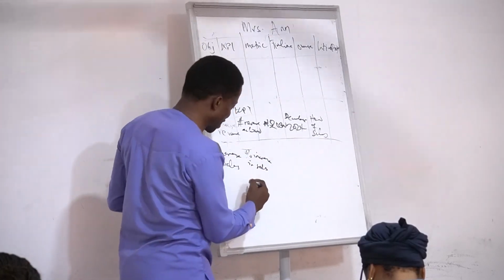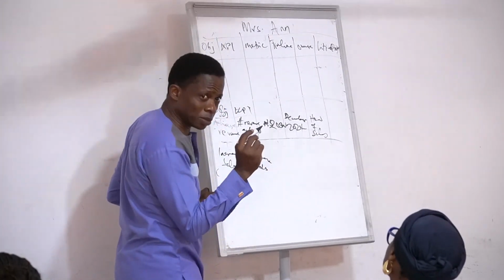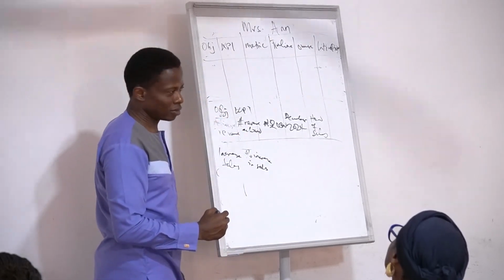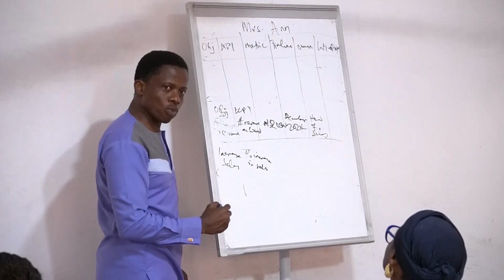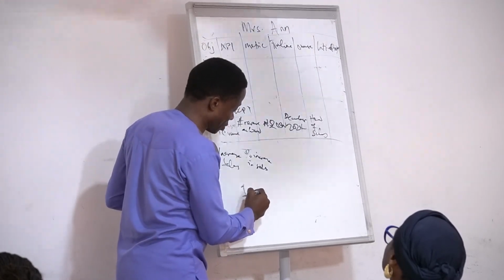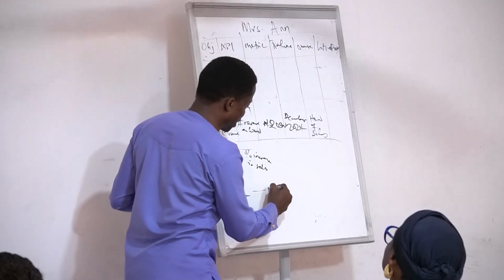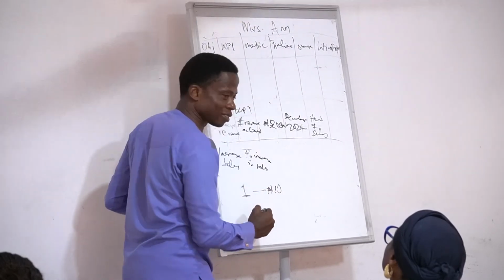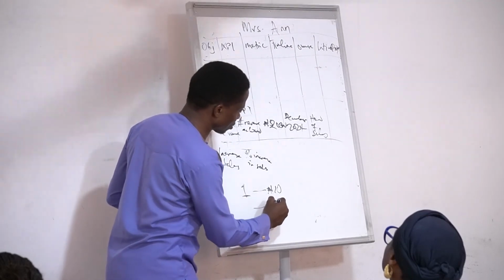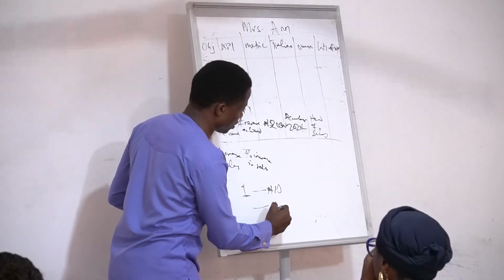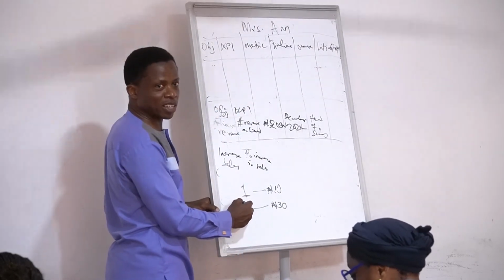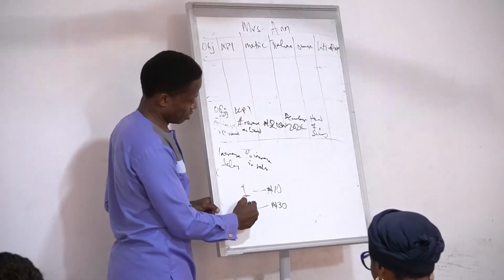Let me teach us more mathematics. Let's say they made 1 naira, from one sale, and the one sale is 10 naira. Now, if they need to make 30 naira, how much sales will they make?